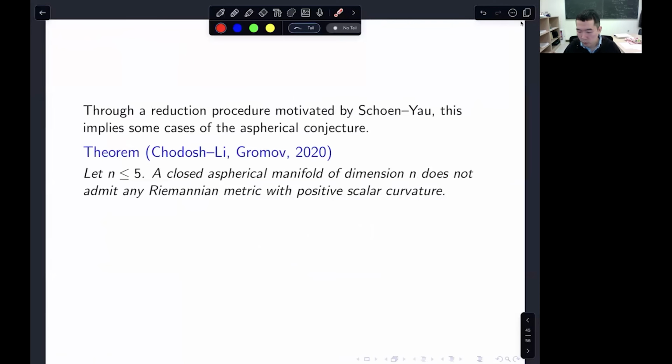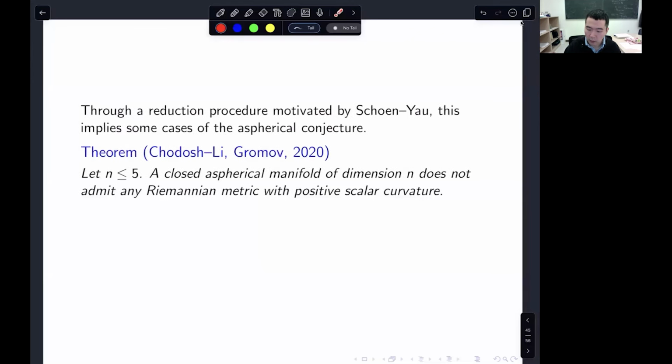So with all these tools in mind, an interesting development in mu-bubbles is the resolution of the so-called aspherical conjecture in low dimensions. It was done independently by Chao Li and also by Gromov a few years ago. So a closed aspherical manifold of dimension at most 5 does not admit any Riemannian metric of positive scalar curvature.